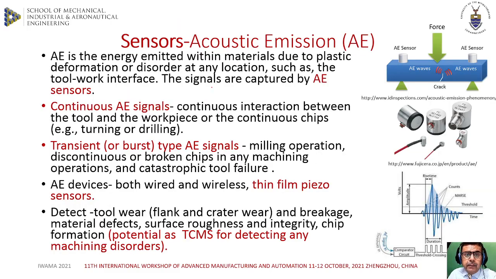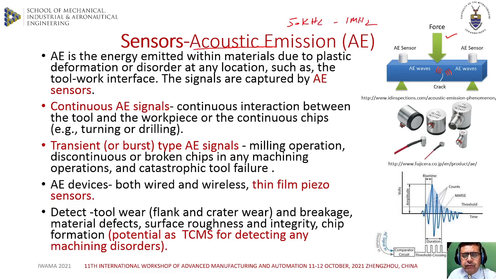Okay. Now coming to the next sensor, which is acoustic emission. Acoustic emission is basically a high frequency sound generated by the material when load is applied on it. So it is also referred to as crying of the material. The range of acoustic emission is wide. It starts from say 50 kilohertz to 1 megahertz.